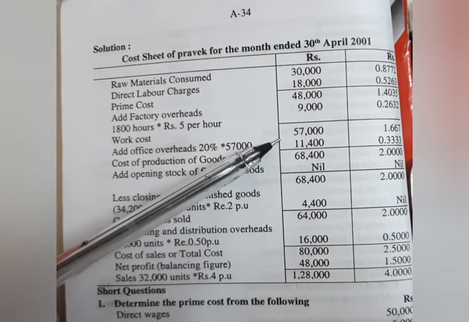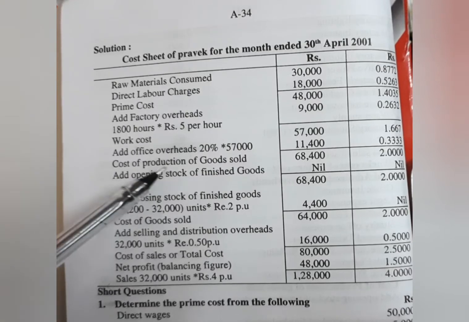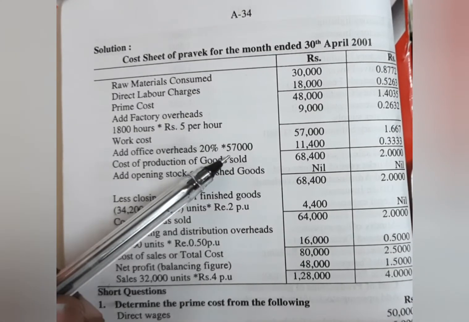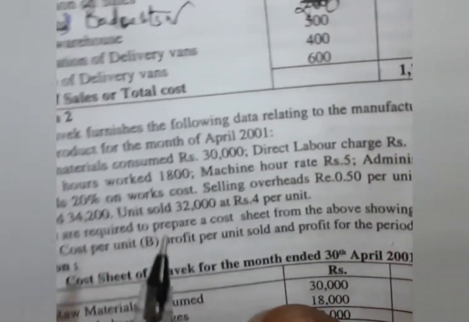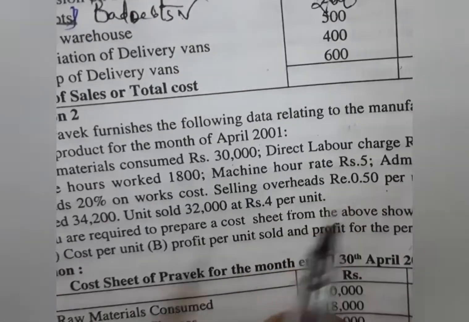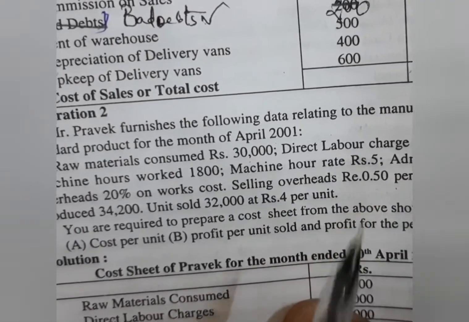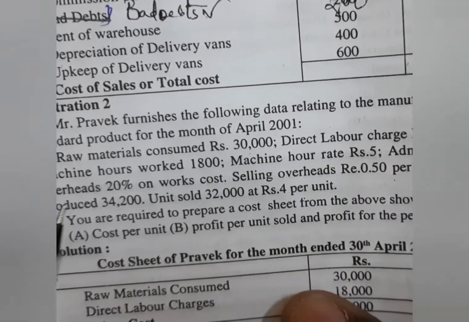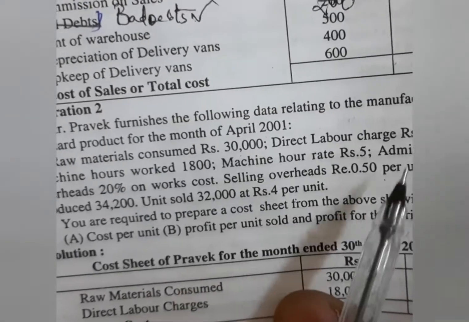Works cost is 57,000. For that, we have to add office overheads 20%, as he told in the question already. I am explaining once again. Administration overheads or office overheads or works overheads, the meaning of these three are the same.